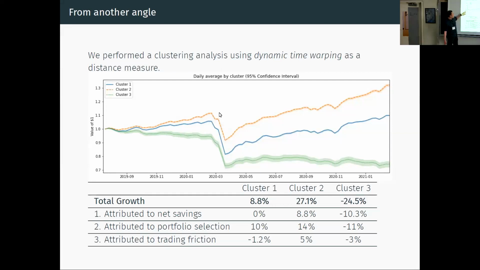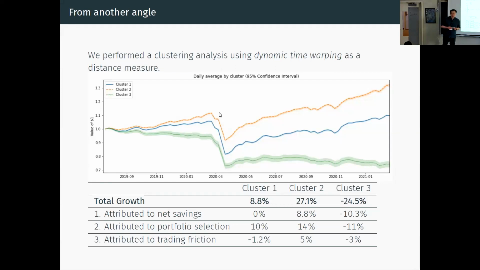Cluster 2 did really well. Their wealth grew by over 20% during these 1.5 years. And cluster 3 did really poorly, and their value decreased by roughly 30%.